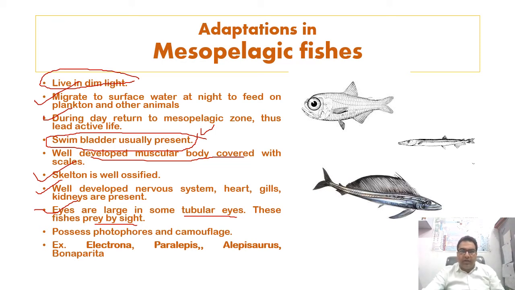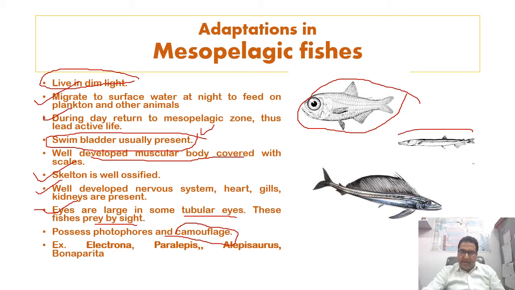It is not only by the sense organs or tactile organs which help them to capture the prey, but they help by sight. So they possess photophores, and they also show the process of camouflage as well.